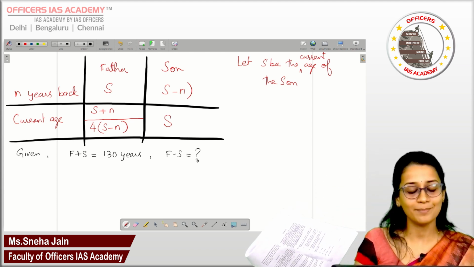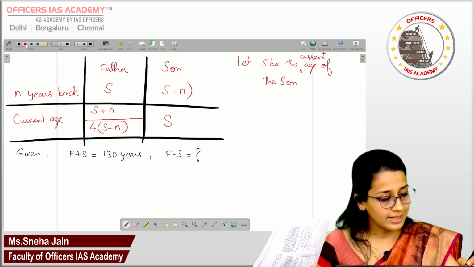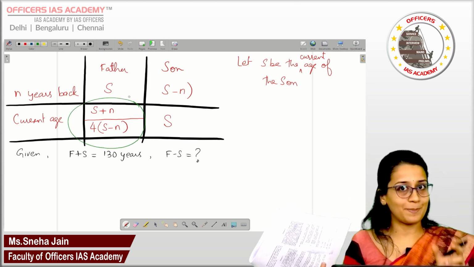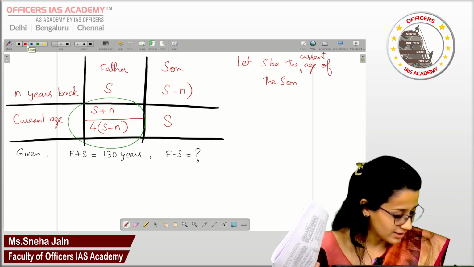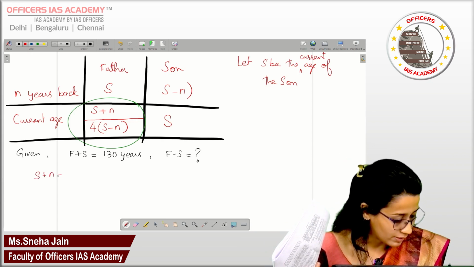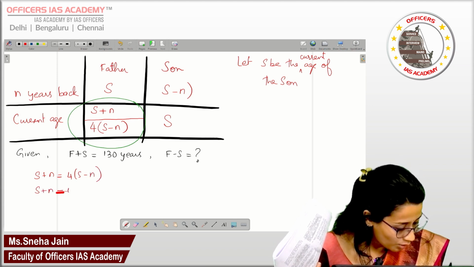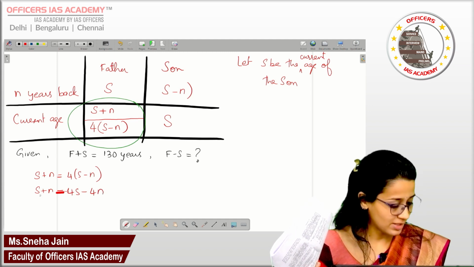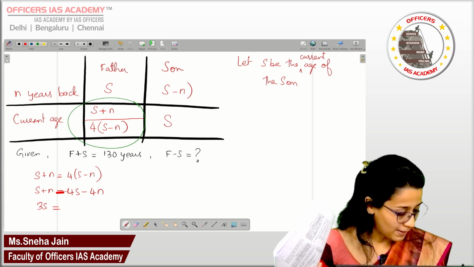Is this clear? So what we have to do? We have to solve equations from here. See, in this portion, two expressions denote the same thing. So I will just work out and get an expression. S plus n is equal to 4 into S minus n. So S plus n is equal to 4S minus 4n, which means 4S minus S on this side, 3S is equal to plus 5n.